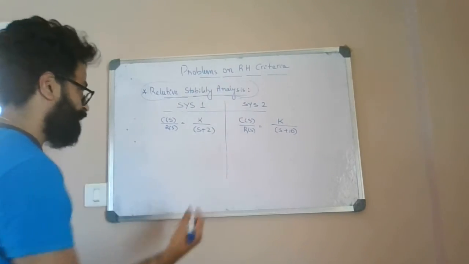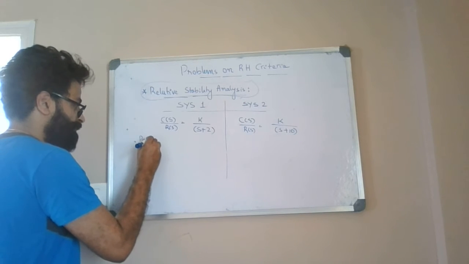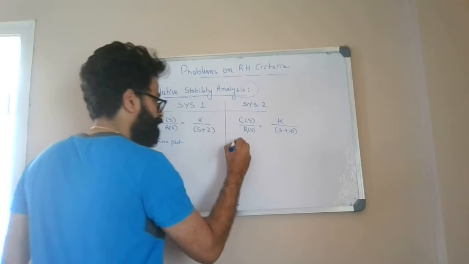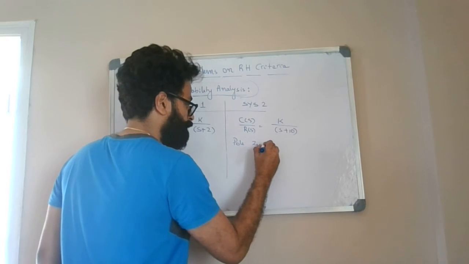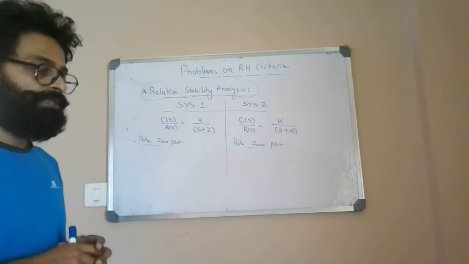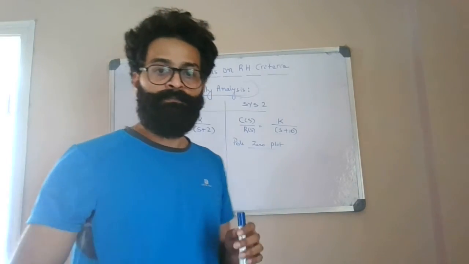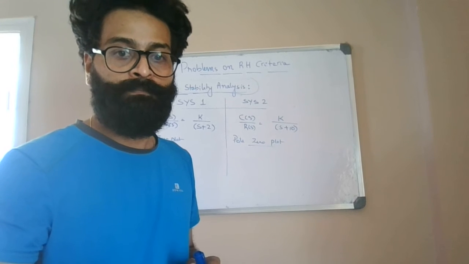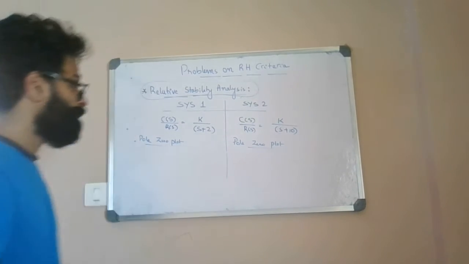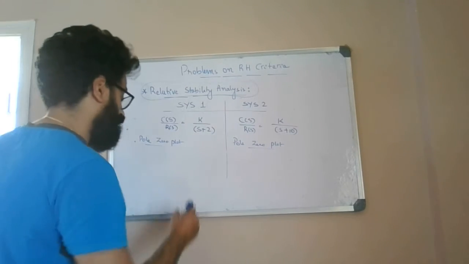so let's see how exactly we will try to say a particular system is better than the other system. Okay, so for both the systems, let us draw the pole zero plot. So pole zero plot is nothing but the location of poles and zeros in a complex S plane, right?